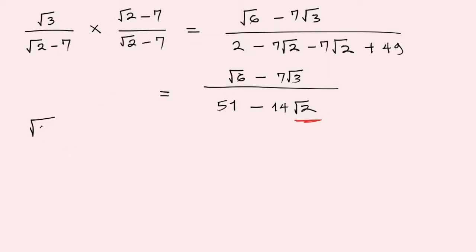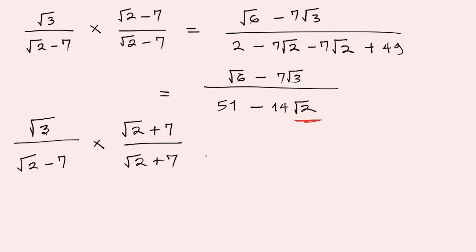If we do this, which is root 3 over root 2 minus 7 multiplied by root 2 plus 7 over root 2 plus 7.